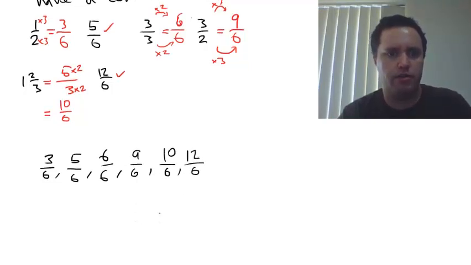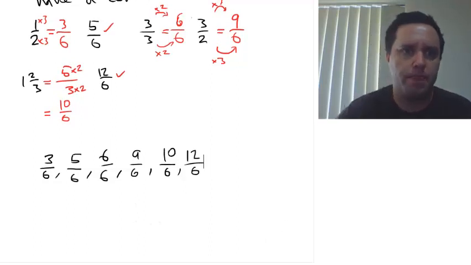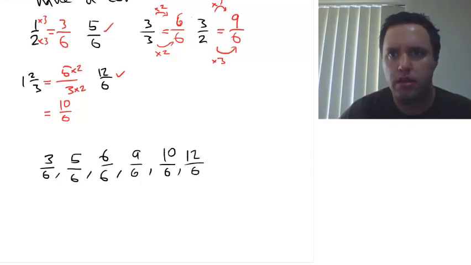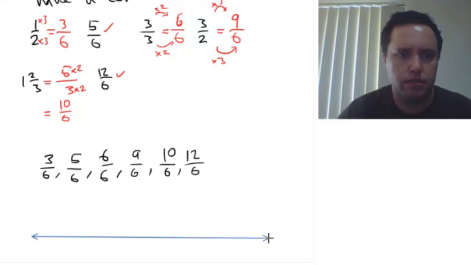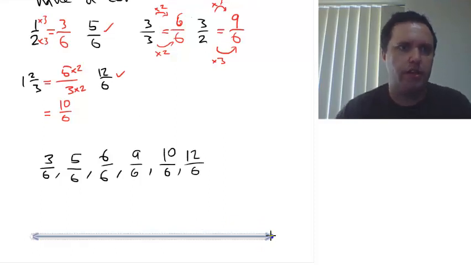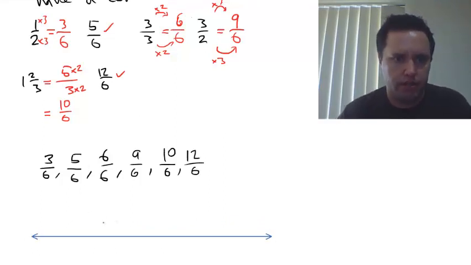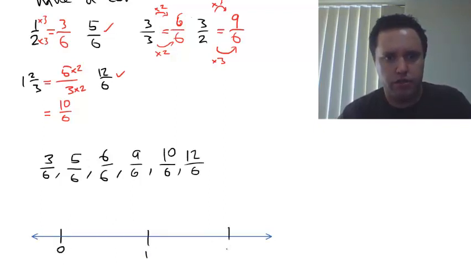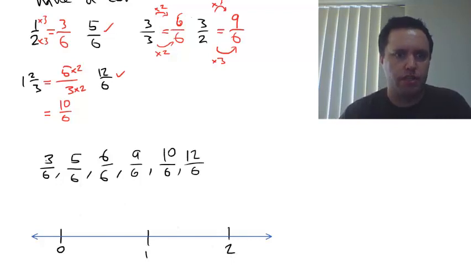Okay, and we can also put those all on a number line. Just quickly, sorry that this video is going a bit long. Let's put a line there for us. So if here is 0, here is 1, here is 2. 3/6 was a half, so that can go here. 5/6.